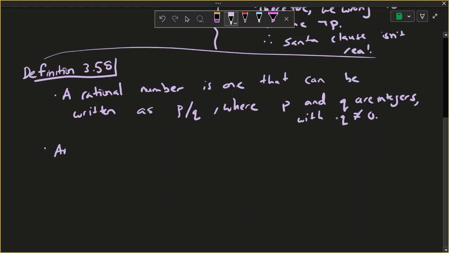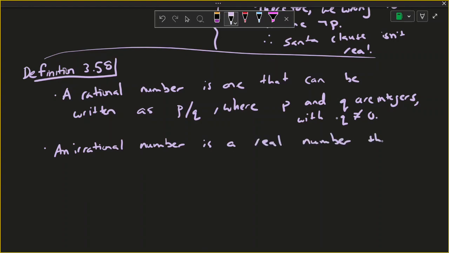And an irrational number is a real number that is not rational.